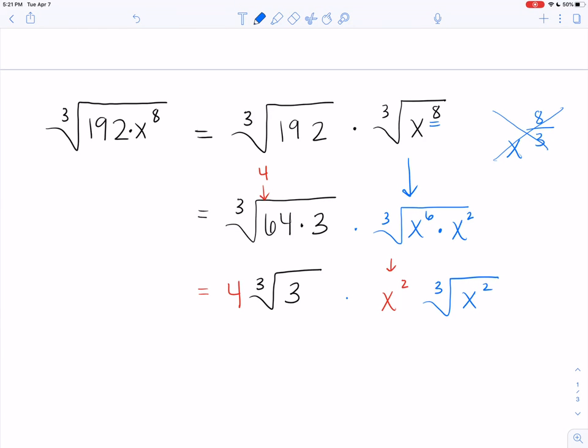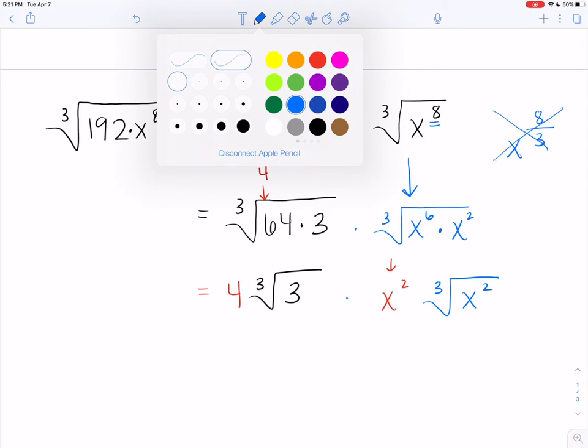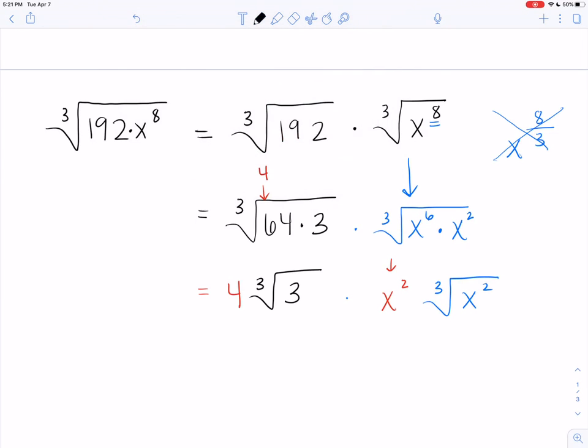And again, what I like to do when I finish is bring everything that came out of the radical out in front. That's going to be the 4 and the x squared. And then everything that stays under the radical, I put at the end, which is going to be the 3 and the x squared.